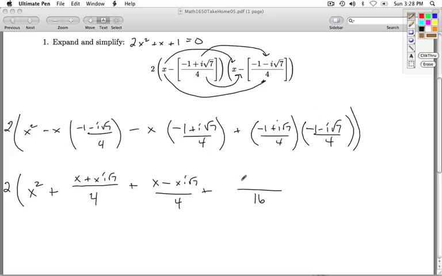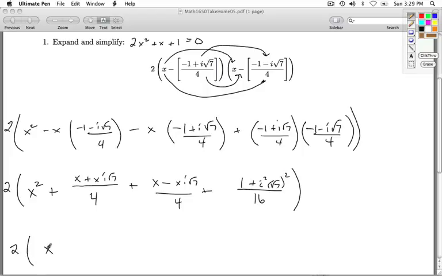Negative 1 times negative 1 is positive 1. I get a positive i radical 7, a negative i radical 7, they cancel, and a plus i squared times radical 7 squared.